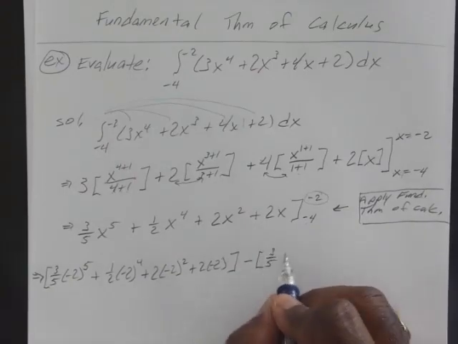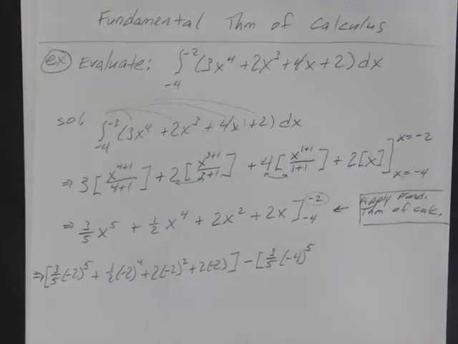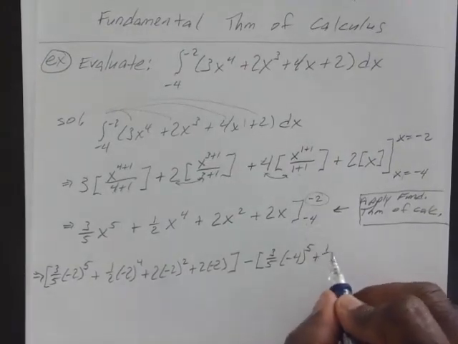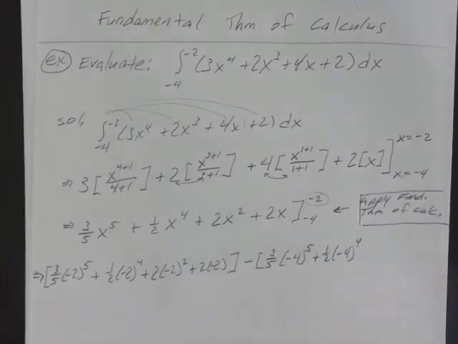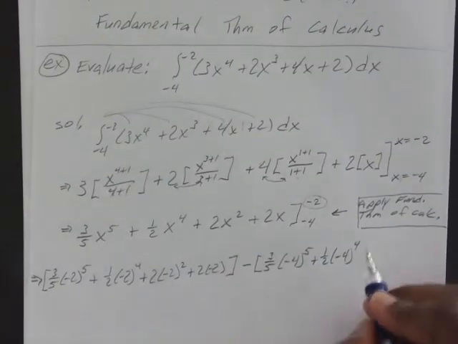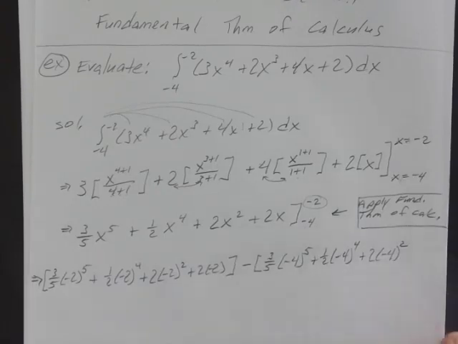We have 3/5 times -4 to the 5th power plus 1/2 times -4 to the 4th power plus 2 times -4 squared.